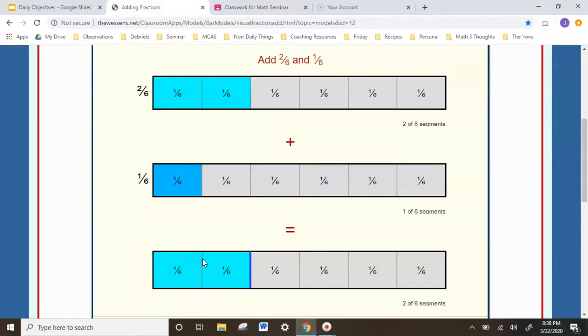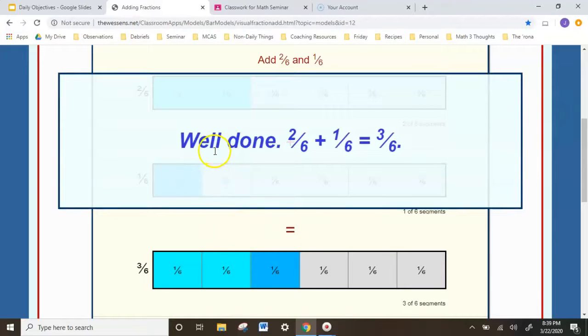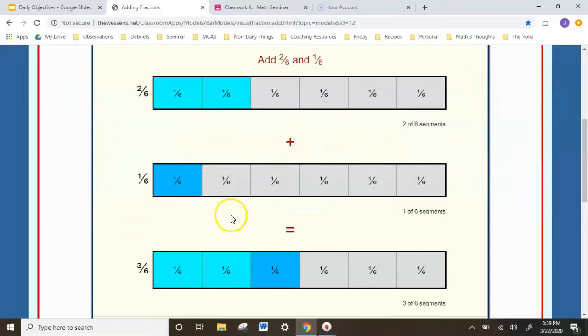Now, notice son la misma porque son azul y azul. It's like a little lighter. And then I want to add one more. Oh, look at that. Well done. 2/6 plus 1/6 equals 3/6. Now I know I did this correct.